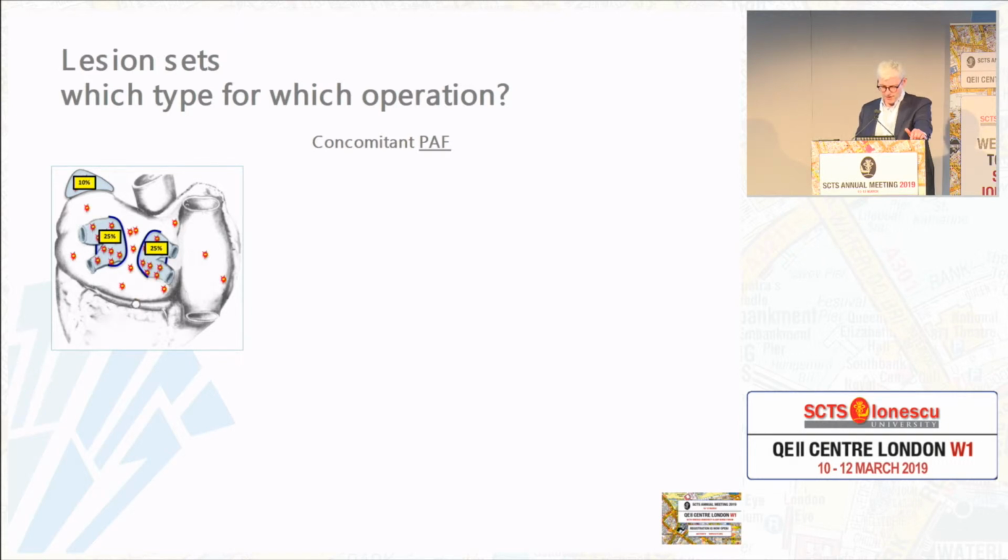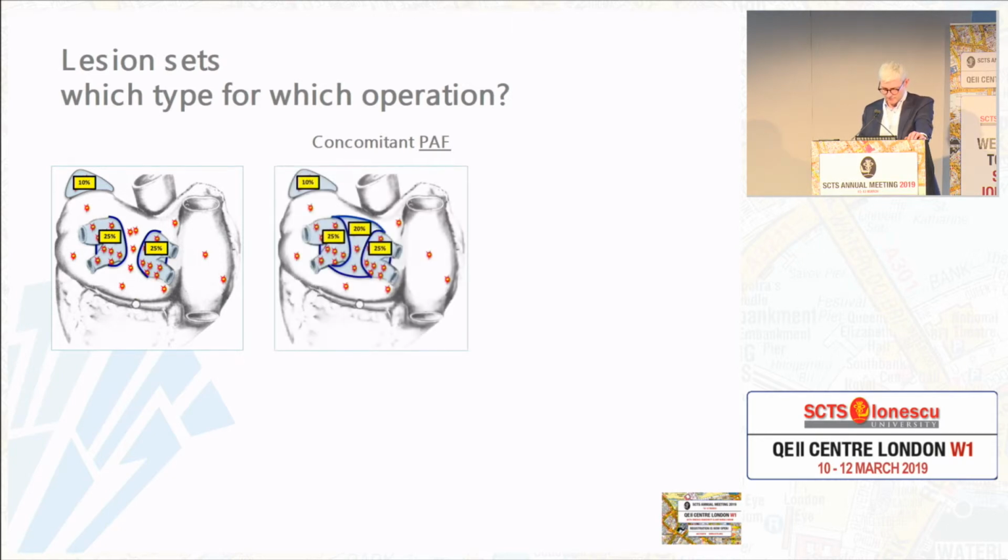What do we have to do then in concomitant paroxysmal patients? If we isolate only the pulmonary veins side by side, we will only achieve a success rate around 50%. If we then exclude, and I repeat, in paroxysmal patients, the left atrial appendage, we will increase that number by 10% and achieve a success rate around 60%.